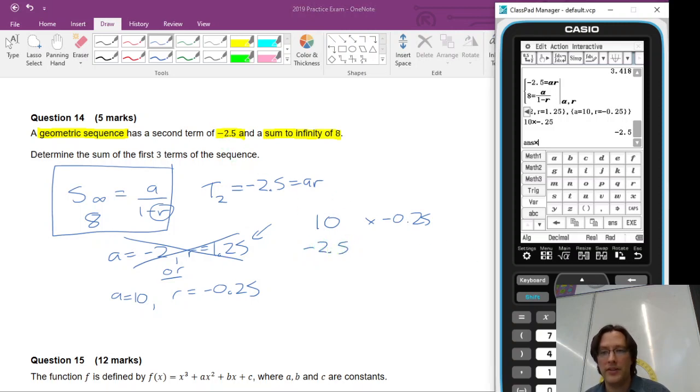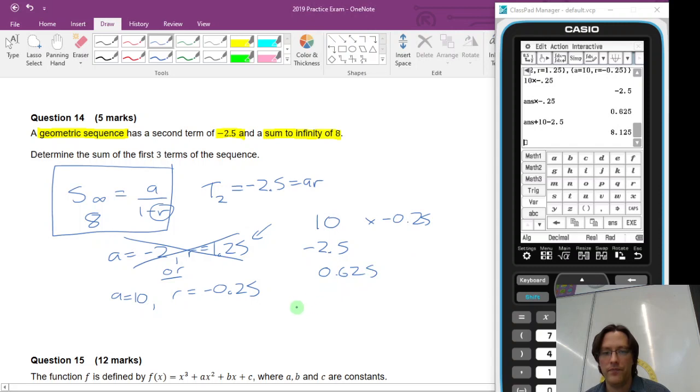Then we multiply that by negative 0.25 again, and we get 0.625. We add those together, 10 take 2.5 plus 0.625, and that gives us 8.125. And that is our answer, the sum of the first three terms.